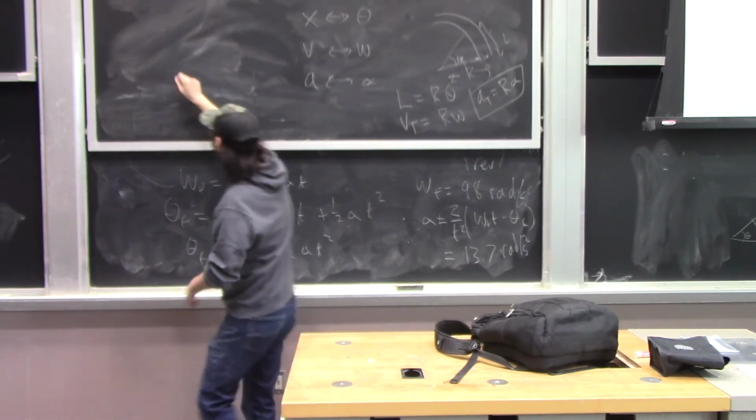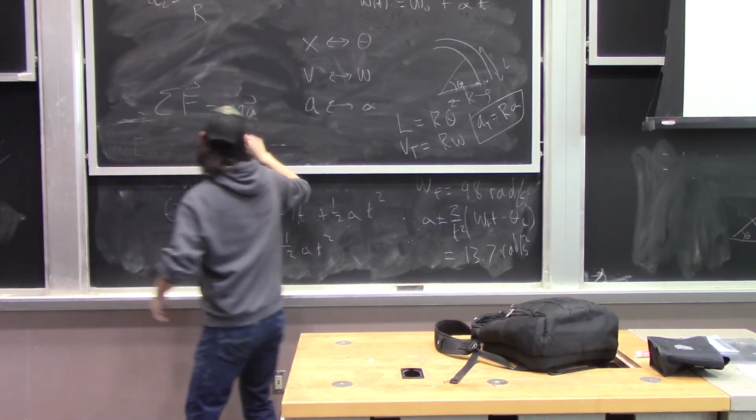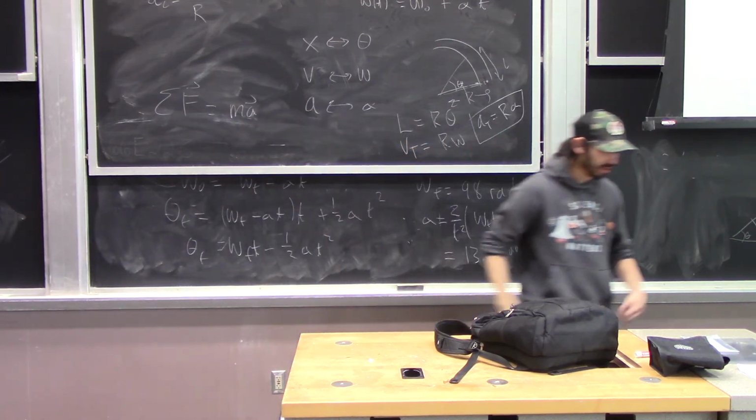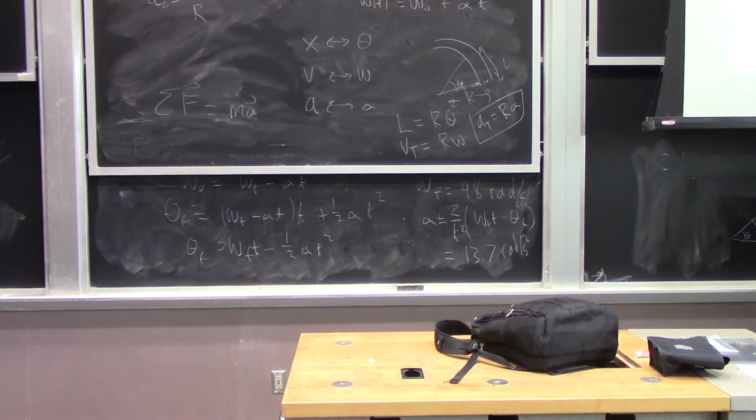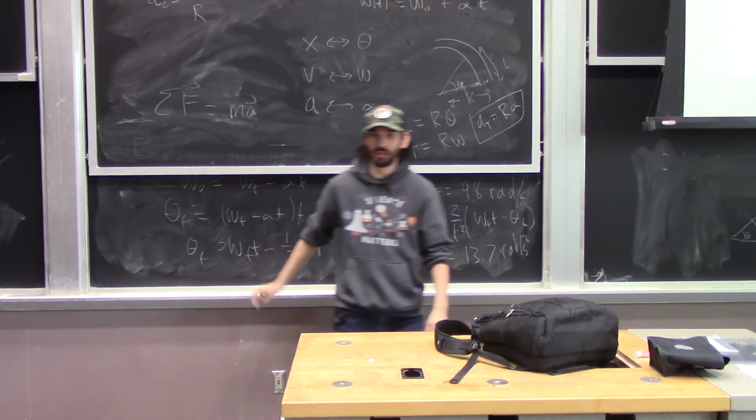The sum of the forces is equal to the mass times the acceleration. So if I sum my forces in the radial direction, it needs to point towards the center of the circle. And so when we look at that, we see that the only choice that works is going to be answer choice 1. And so the only force acting in that direction is really the normal force that's pointing towards the center of the circle. Okay? Any questions about this one?